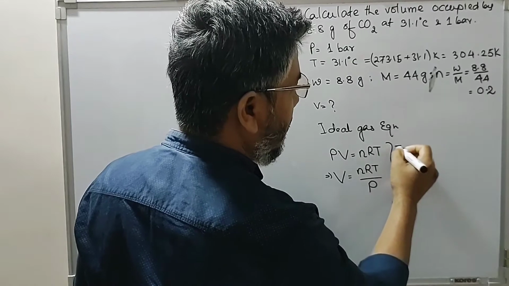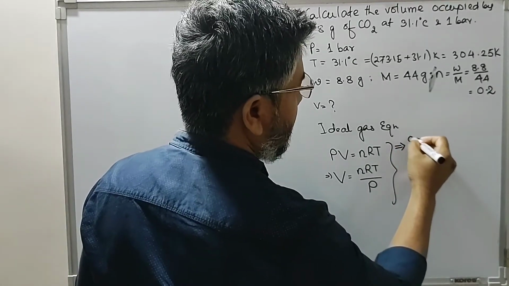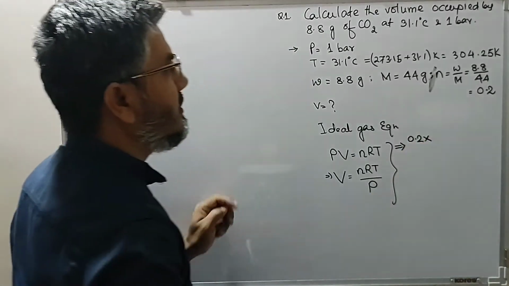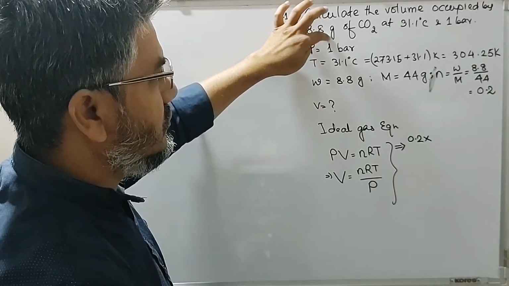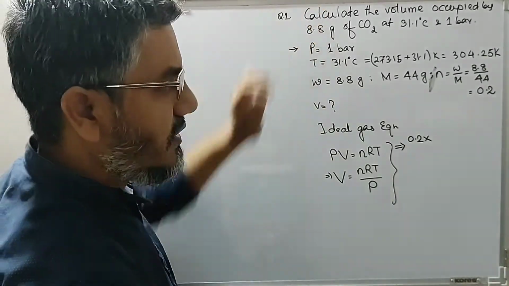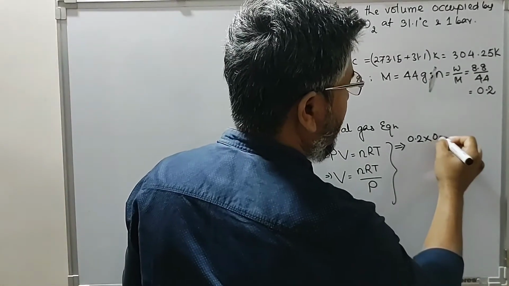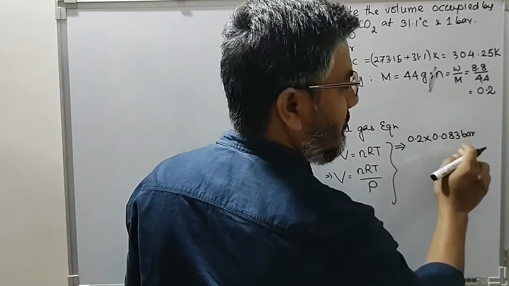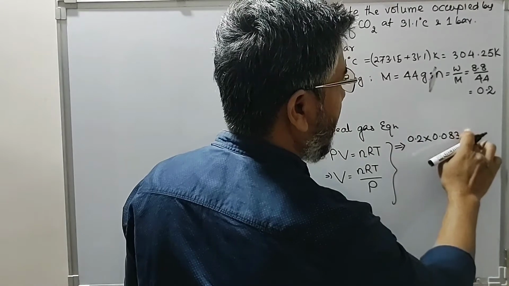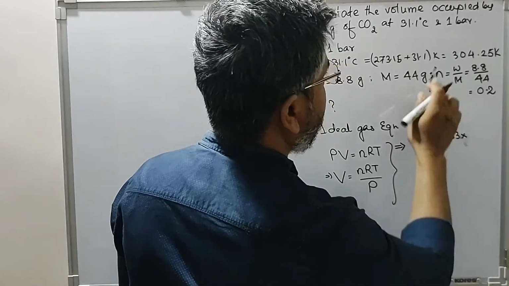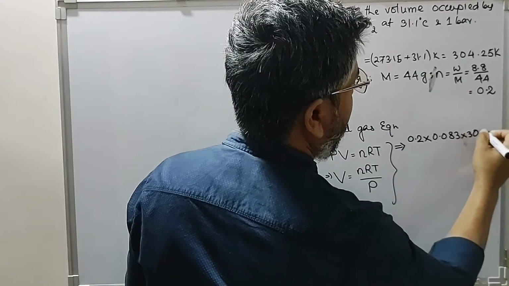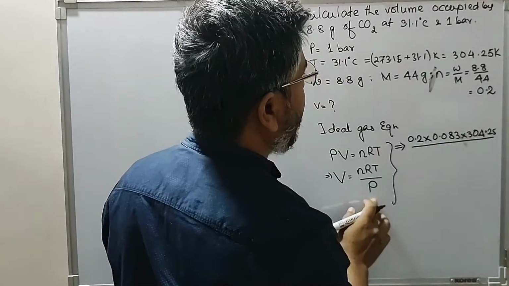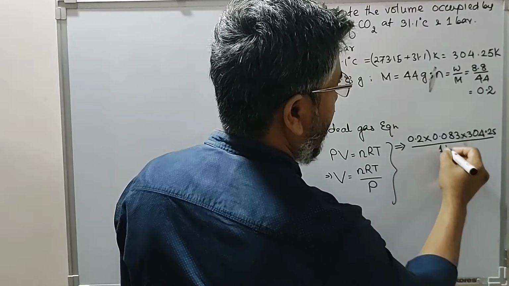So therefore volume of carbon dioxide is 0.2 into R. Now look at this, pressure is in bar, so we can use R in terms of bar: 0.083 bar dm cube per Kelvin per mole. Temperature is 304.25 divided by pressure, which is 1 bar.